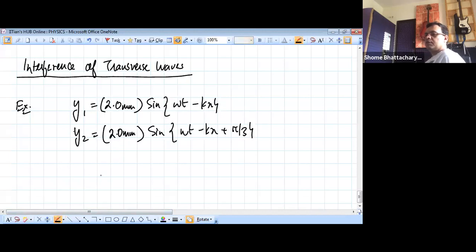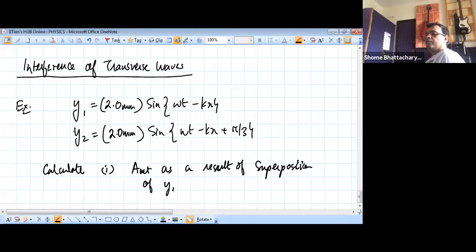Both are having the same amplitude. So calculate the net amplitude as a result of superposition of y1 and y2.